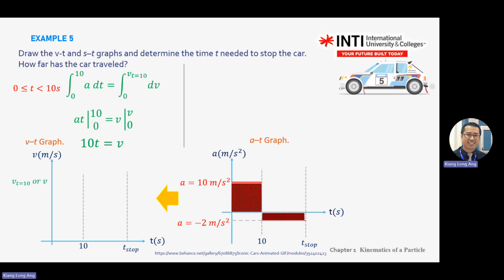Then you substitute t equal to 10 because you want to find the value here, equal to 100. Of course, remember the unit. So go here, 100. You put a point, then this is a linear line.